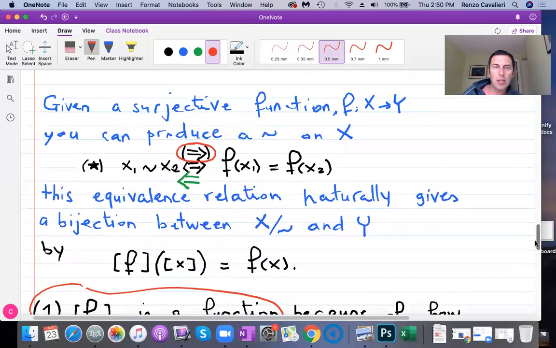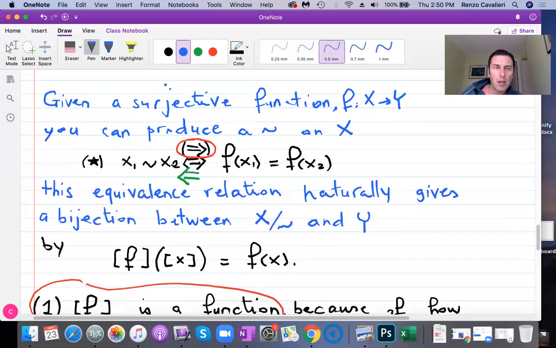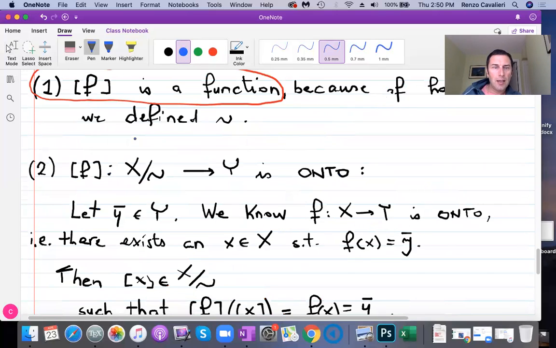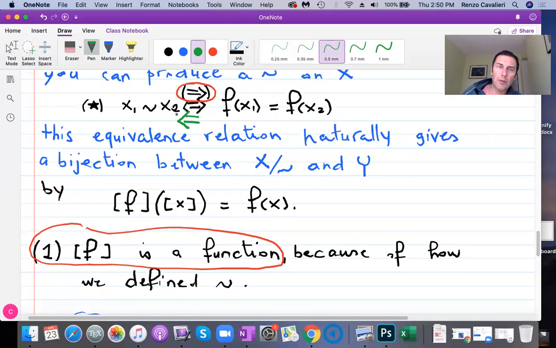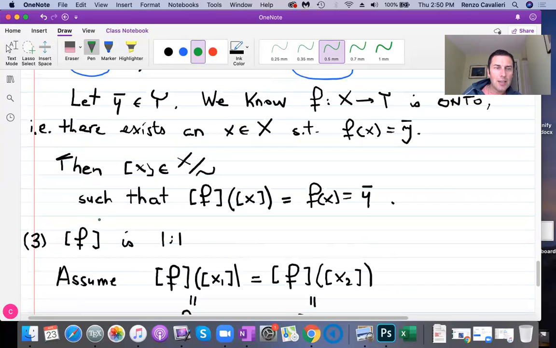We have used f being surjective to show that f bracket is onto. And we have used the leftward direction of the closed relation to prove that f is 1-to-1.